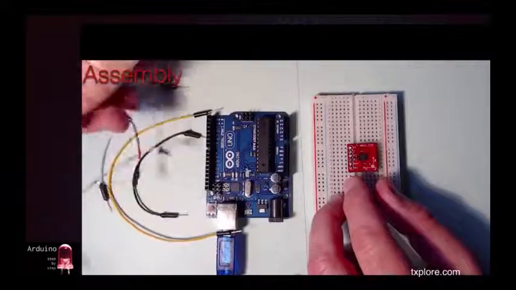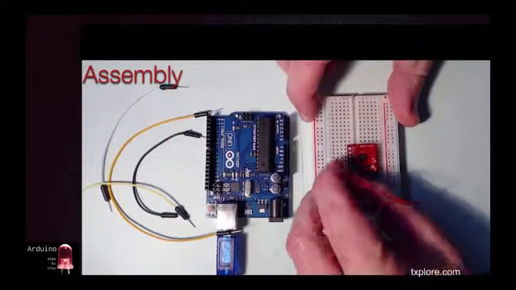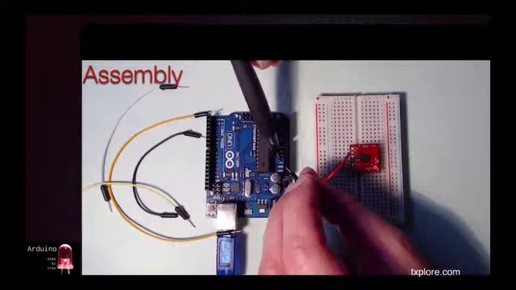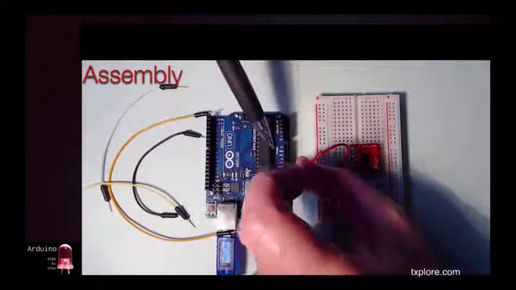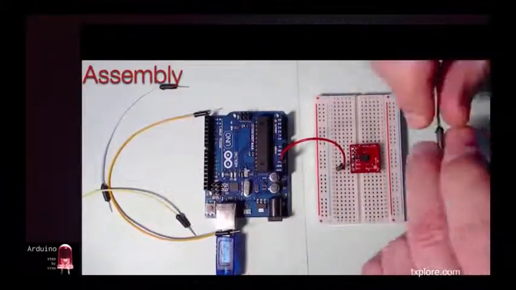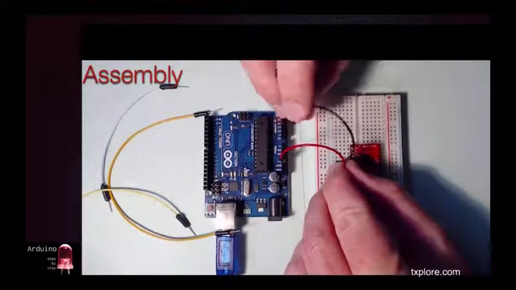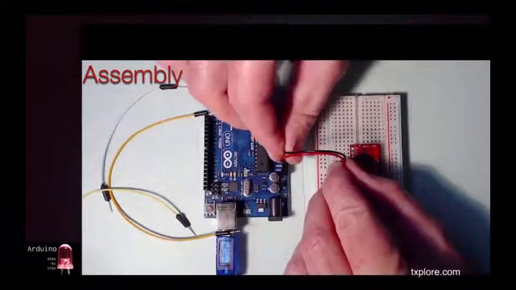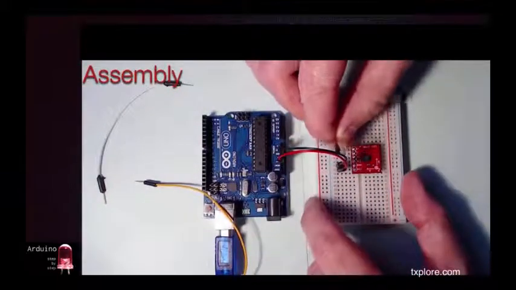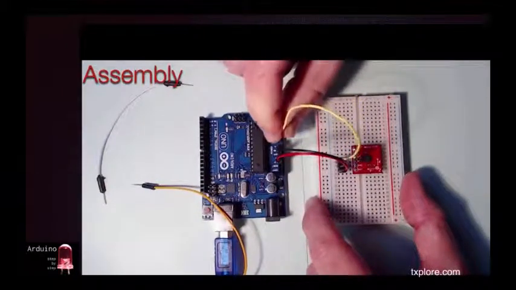Then use the red wire to connect it to the 3.3 volts power. Black wire for ground. And yellow, orange, and white for X, Y, Z to go to Arduino's analog 0, 1, and 2 pins.